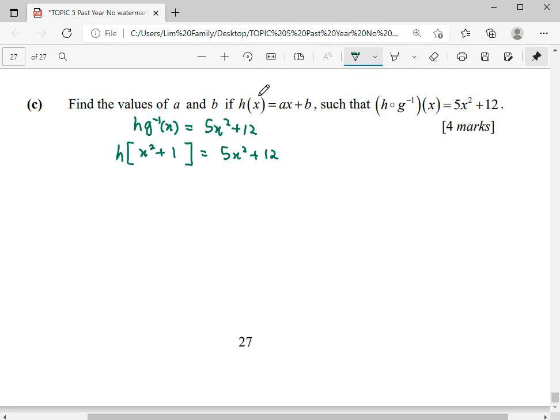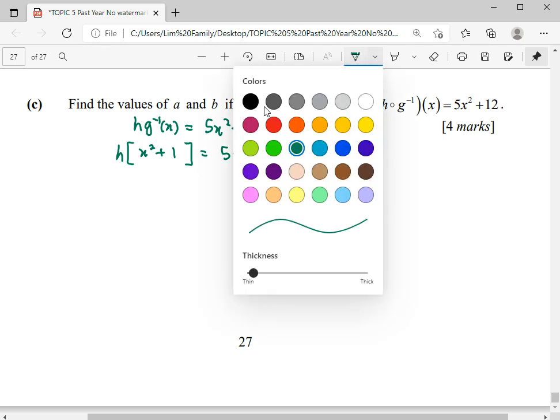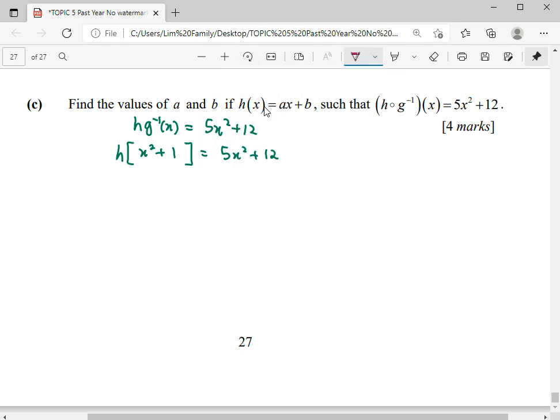But now I want to simplify to a function mapping of x only. I don't want mapping of x squared plus 1. I want mapping of x only. There are two terms here in the mapping, so to find back the single term, we have to use let. We let m equal x squared plus 1. So we change this function in terms of m.